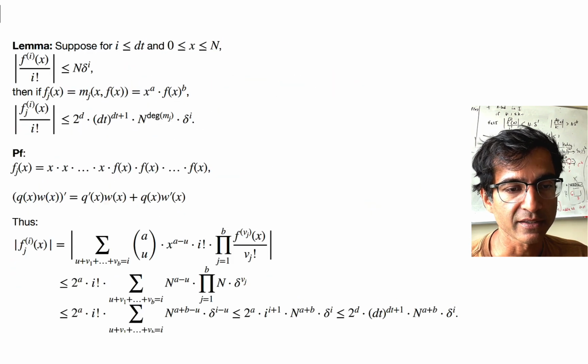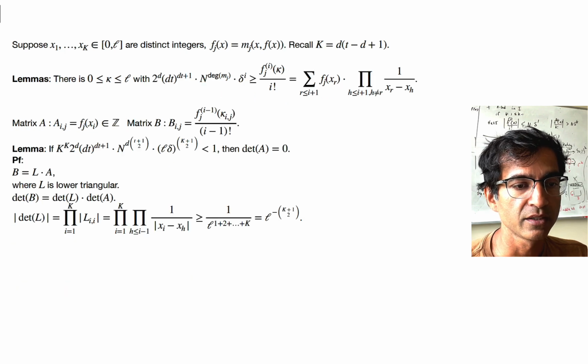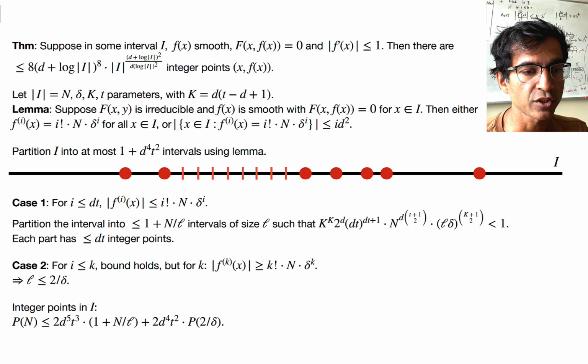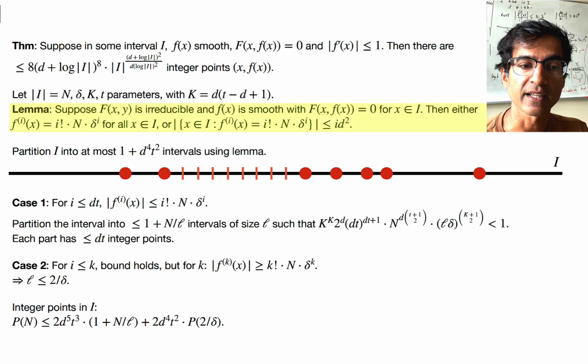These calculations are all the same as before. Okay, there's nothing to do. The next place where there's a change in the proof is here. So previously we used the fact that little f is a polynomial to bound the number of roots that it has, and now we no longer have that. Now we just have that there is a polynomial F in two variables, capital F. F vanishes at the points x, f of x.